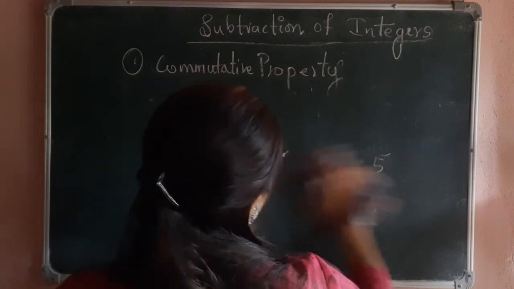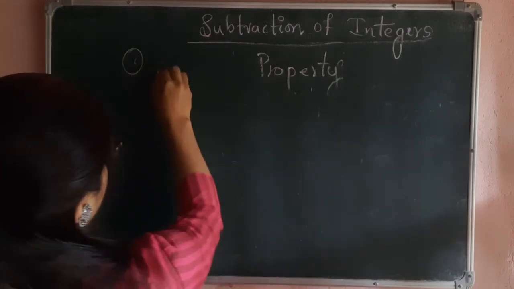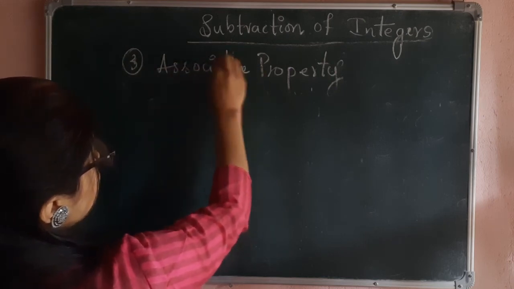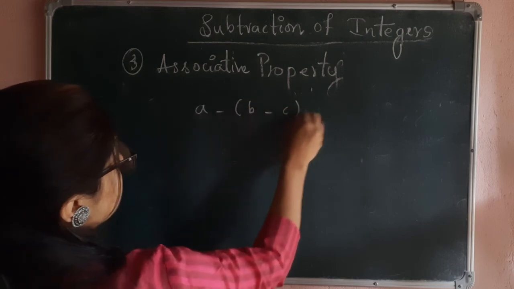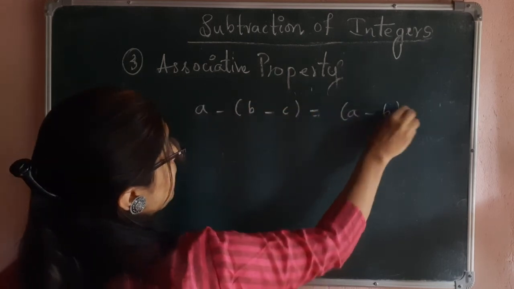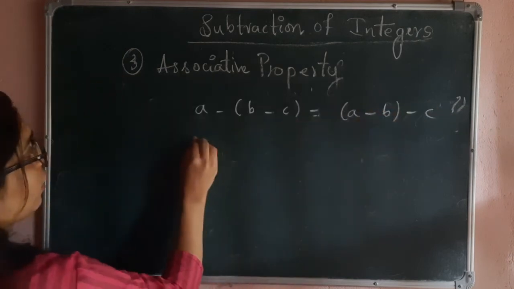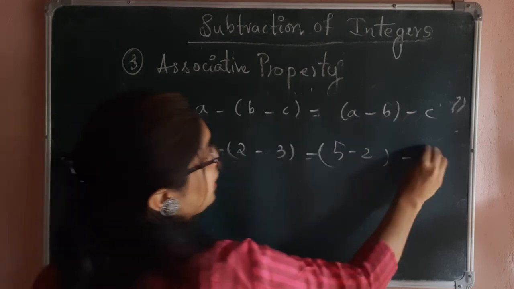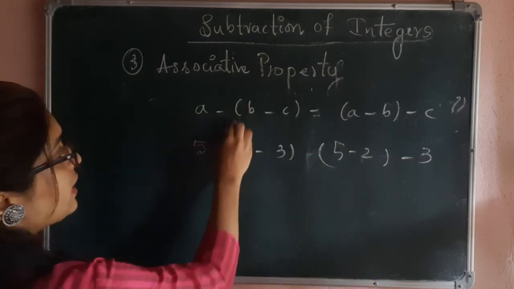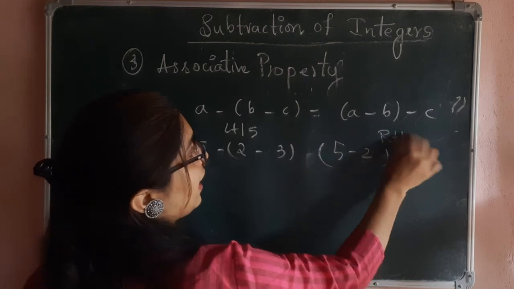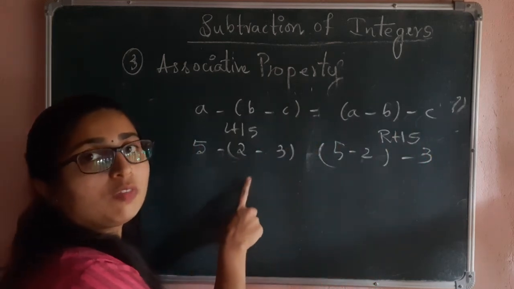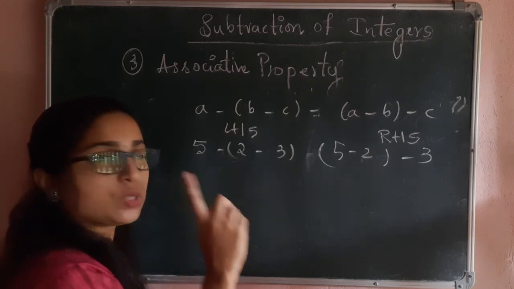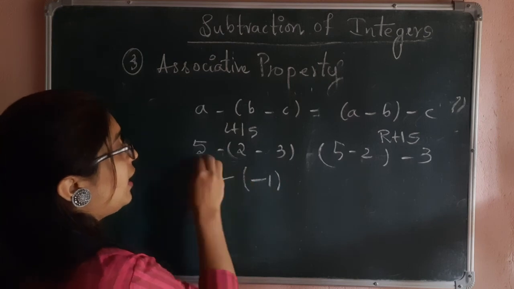Next, associative property. We have to check if (A minus B) minus C is equal to A minus (B minus C). So let us take 5, 2, 3. We have to check this. So this is LHS. This is my right hand side, RHS. So first I will solve what is inside the brackets. So 2 minus 3 will give you minus 1 and here 5.